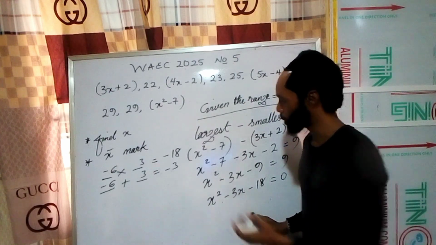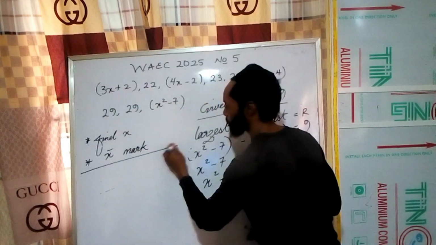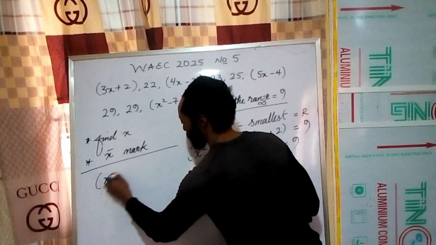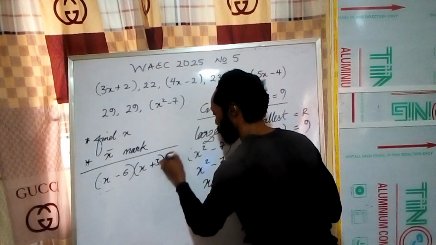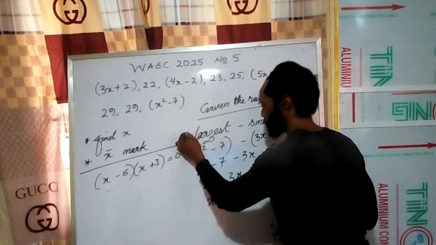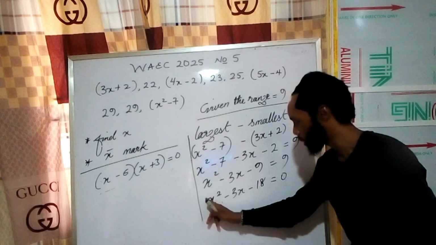So what do we do next? We have our two values, so we can say (x minus 6)(x plus 3) equals 0. Because we have a coefficient of 1 here, we don't have to divide.